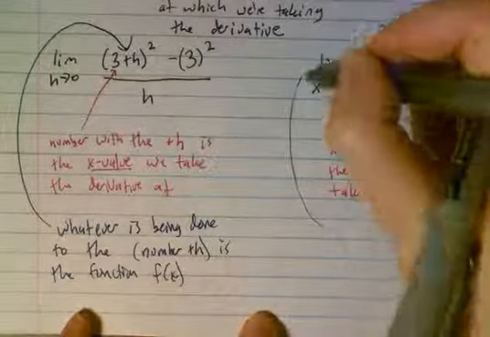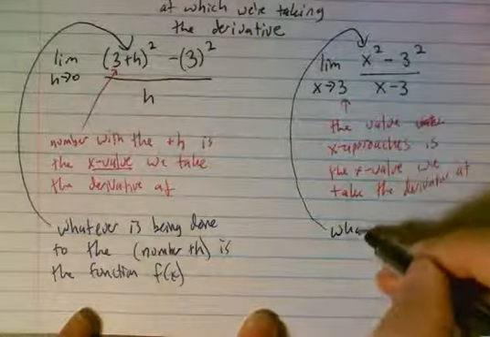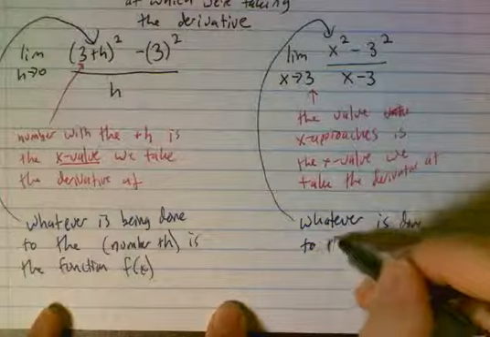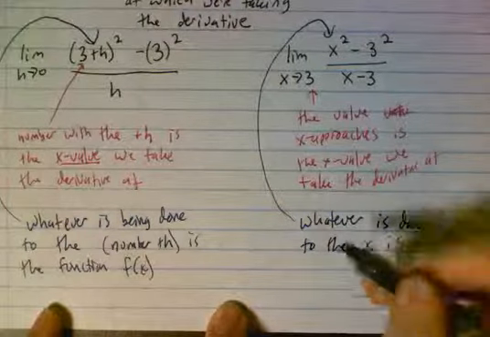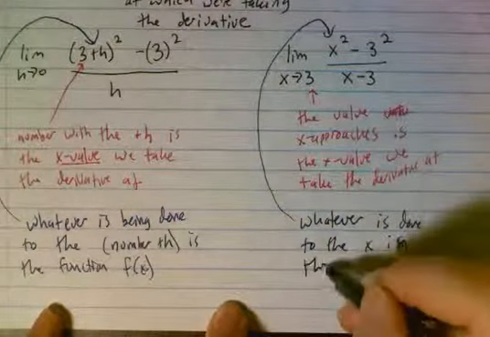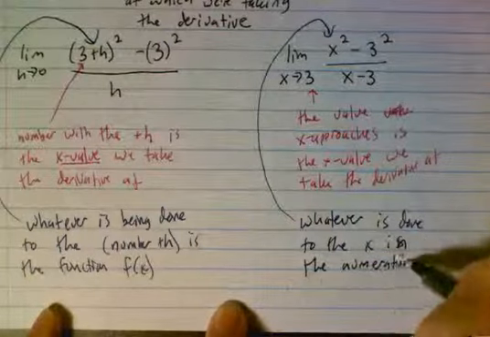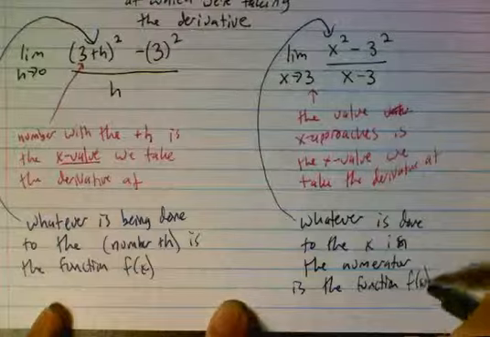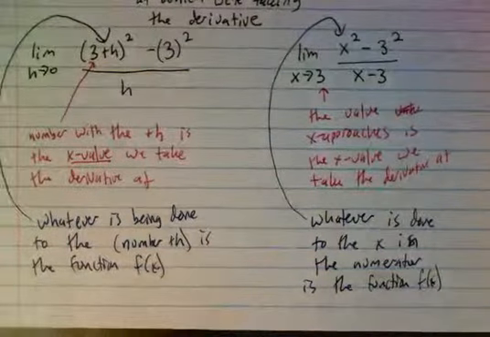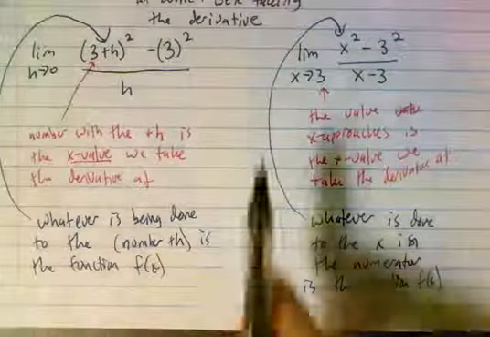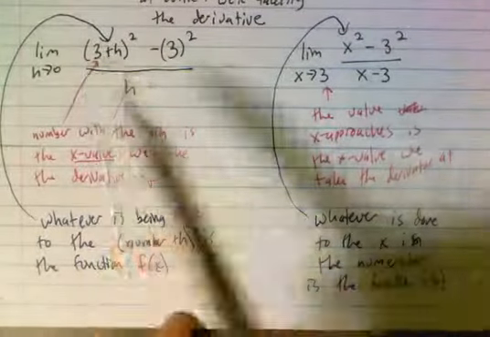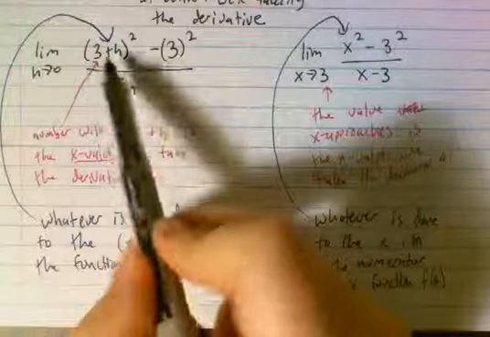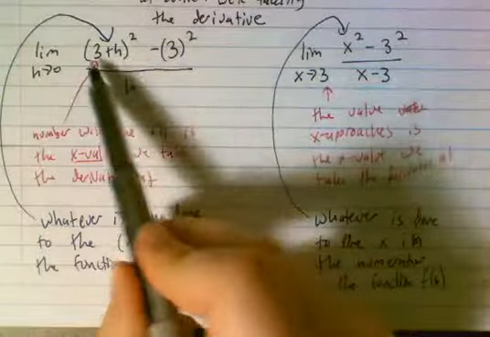Over here, whatever is done to the x in the numerator is the function f of x. So both of these are saying that we're finding the derivative when x is 3, and the function that we have is whatever it is squared.